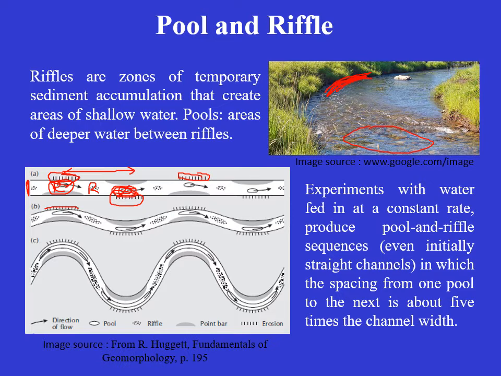So gradually the river channel migrates towards the concave bank, and deposition occurs in the convex bank. So in this way, from the straight channel, due to the formation of pools and riffles, the channel increases its sinuosity and ultimately forms a meandering river.